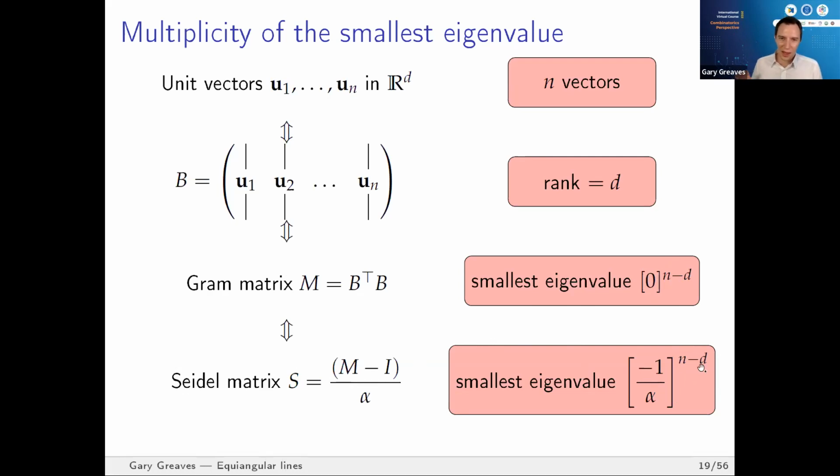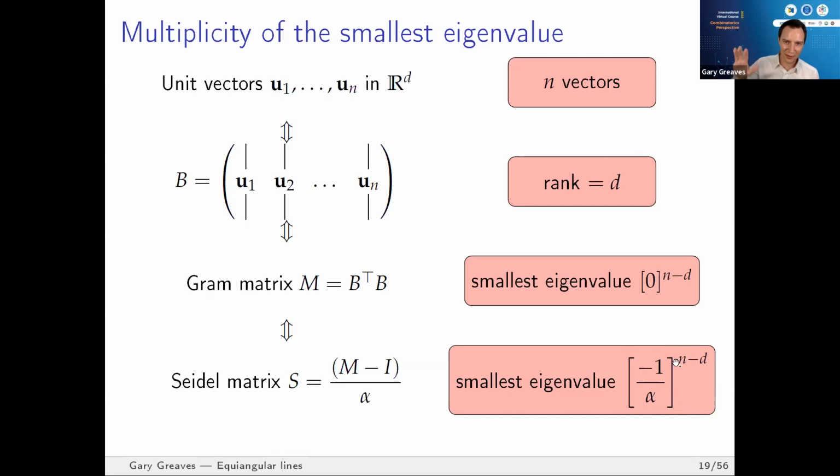Okay? This means that we can extract all the information about our corresponding equiangular line system just by looking at the smallest eigenvalue of a Seidel matrix. The smallest eigenvalue itself will tell us the common angle, alpha, and the multiplicity is n minus d, and we know n because this is an n by n matrix.